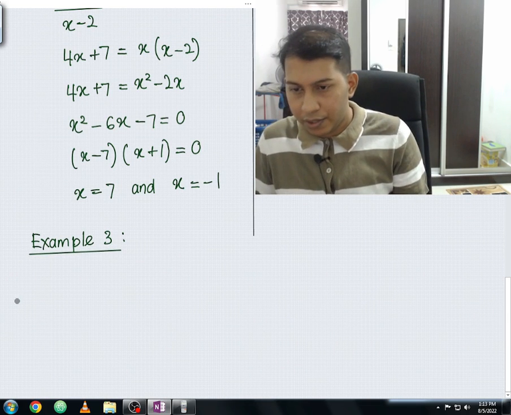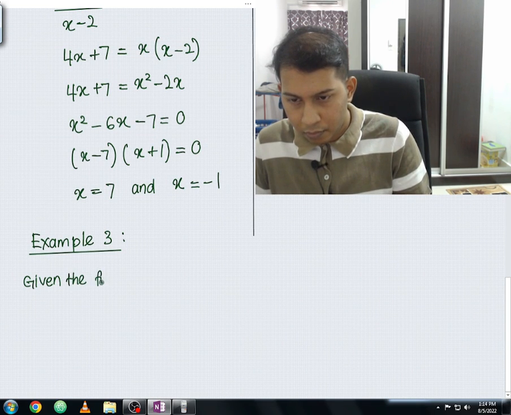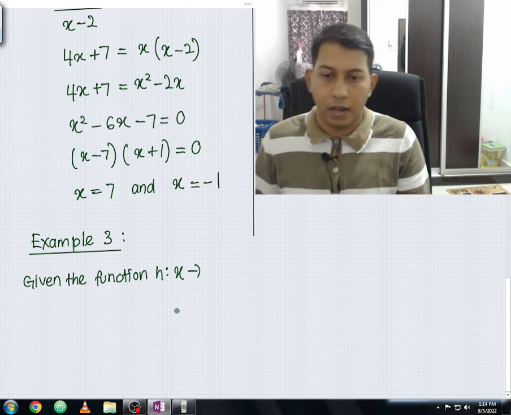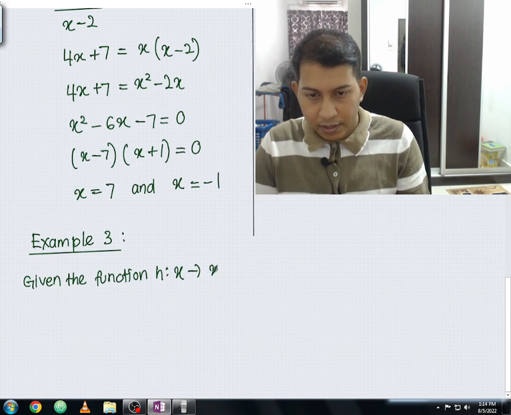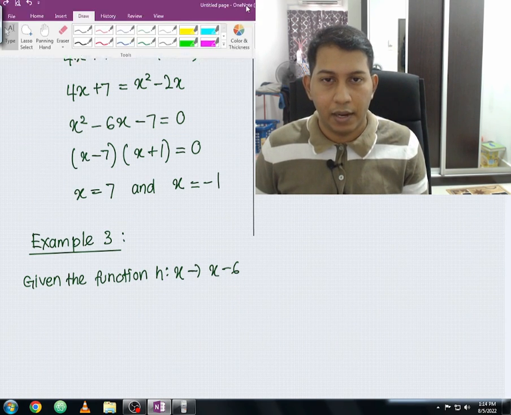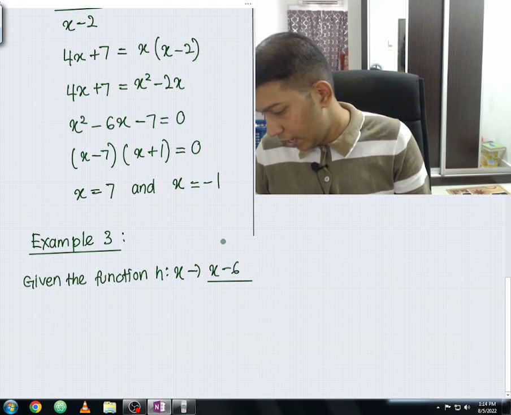So given the function h colon x arrow x minus 6 over x square minus 4, let me underline the fraction.